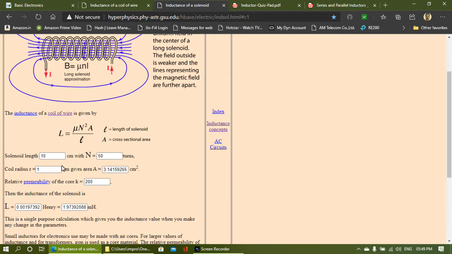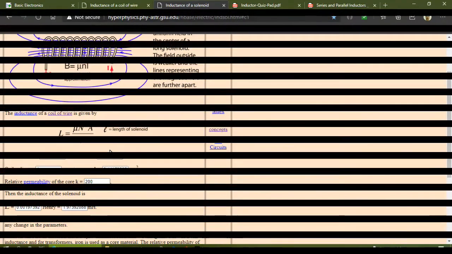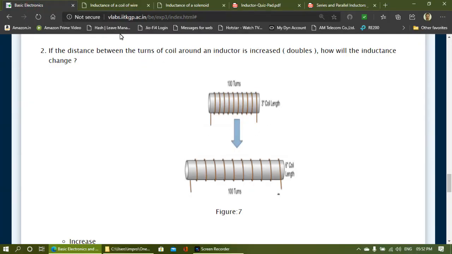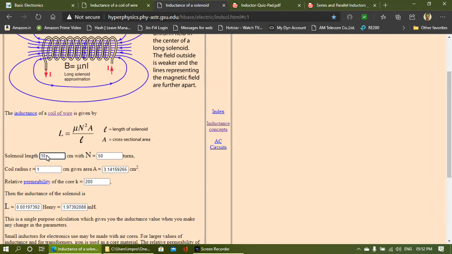So let's see here, if we change the length, what will happen? They told that if the length is 3 inch, then confirm first. 3 inch means 7.62 centimeter.